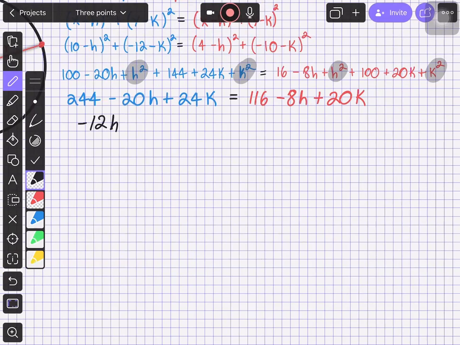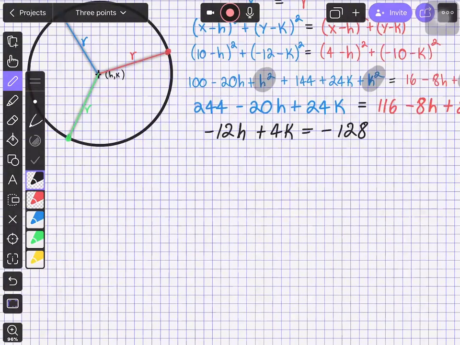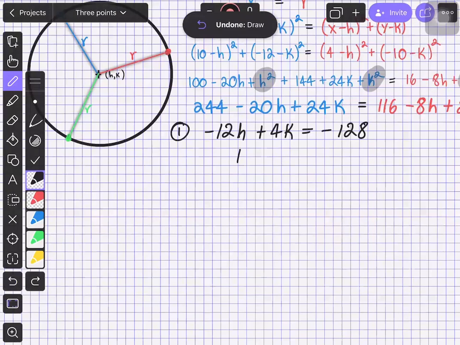Now 24k minus 20k will be 4k, and 116 minus 244 will be negative 128. There we go. This is our first equation. So if you see, we have a linear equation with our variables h and k, the center, as the only two variables.